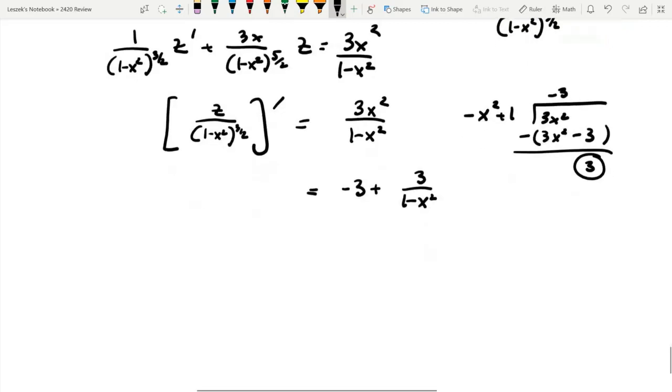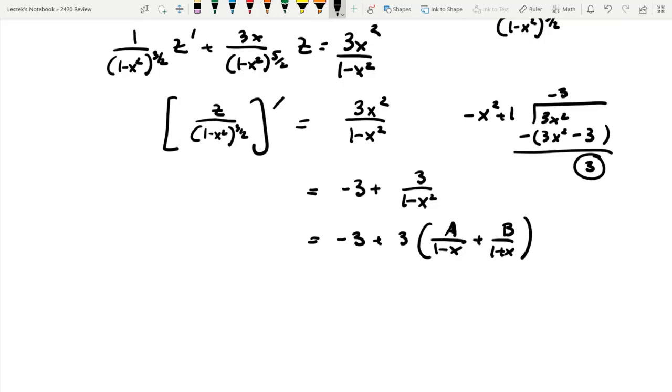And so now you can use partial fractions here on the second term. It looks like A and B are both 1/2.